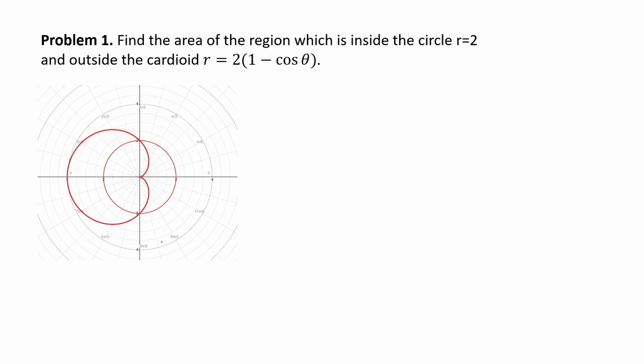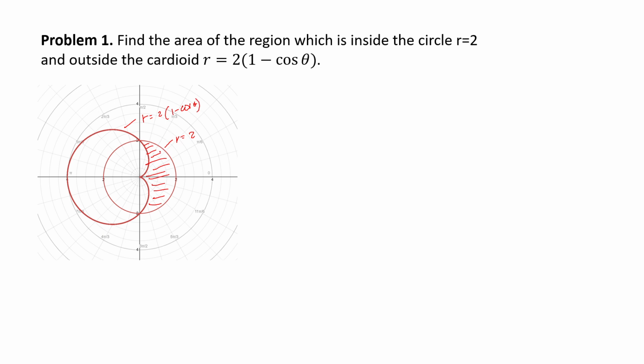So we are going to look for the area which is inside the circle and outside the cardioid. This is the circle r is equal to 2 and the cardioid r is equal to 1 minus cosine theta.